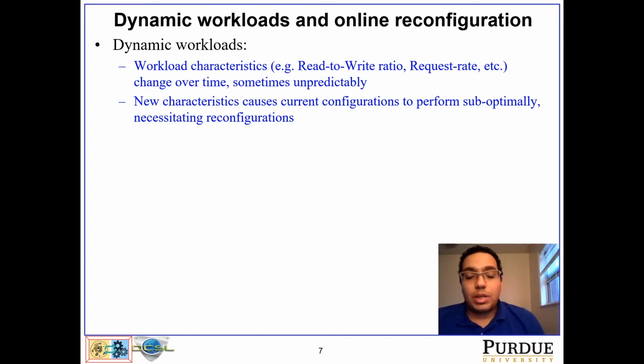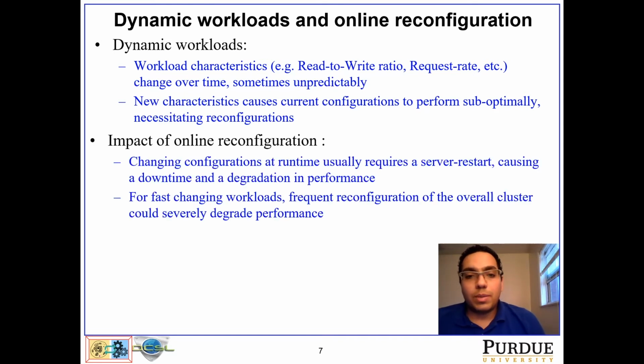However, doing this reconfiguration at runtime usually requires a server restart, and that causes downtime and a degradation in performance. So for fast-changing workloads, these frequent reconfigurations will add transient downtime and degradation in performance, which can cause severe degradation of the overall cluster performance over time.